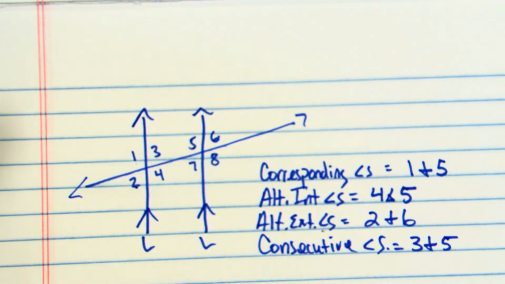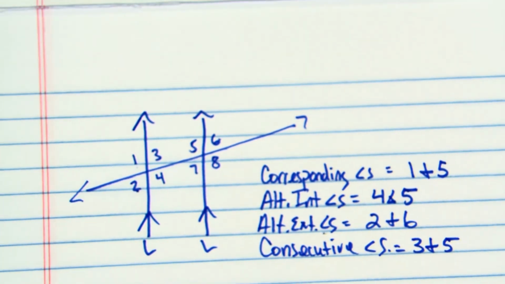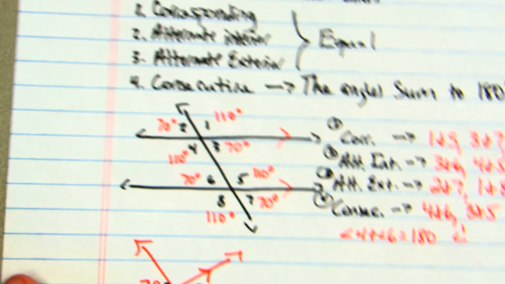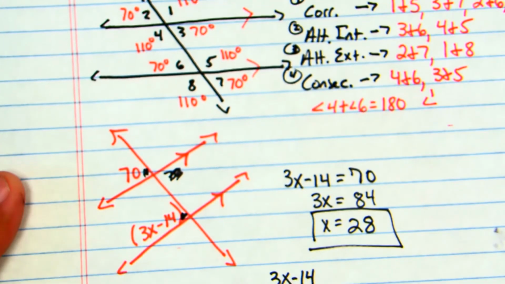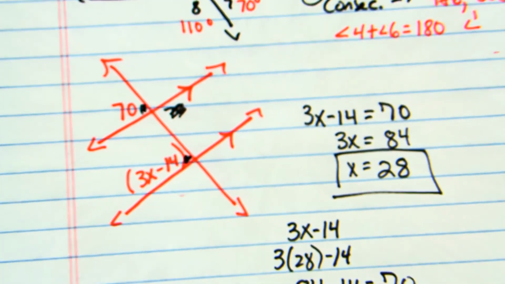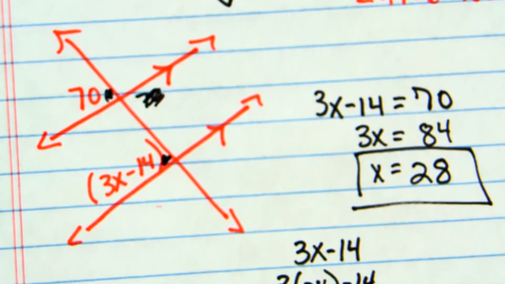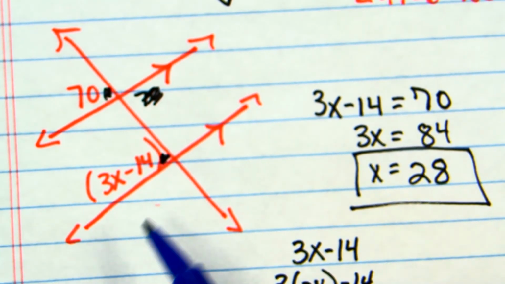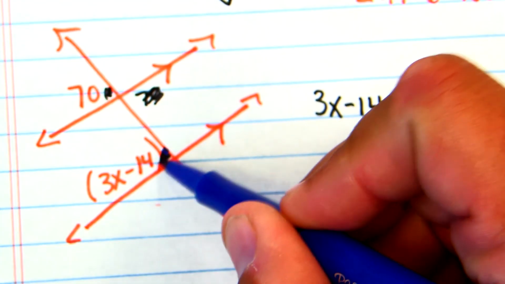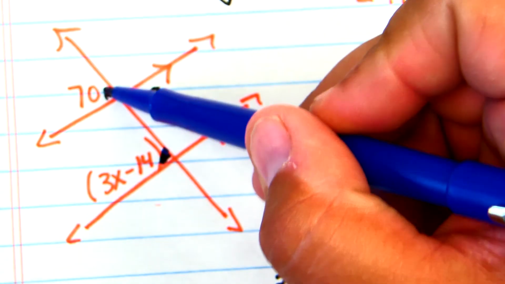Now, in saying that, if we have, for instance, a problem that shows 2 lines that are parallel, and I'm asking you to solve for x, and I give you 3x minus 14 for this angle right here, and then right here I give you 70.